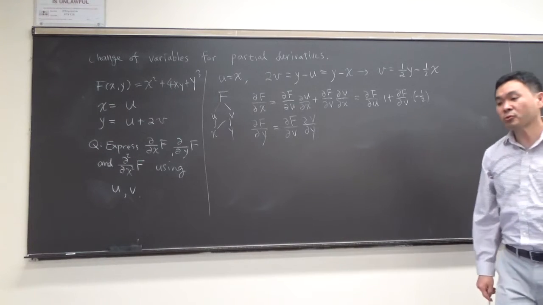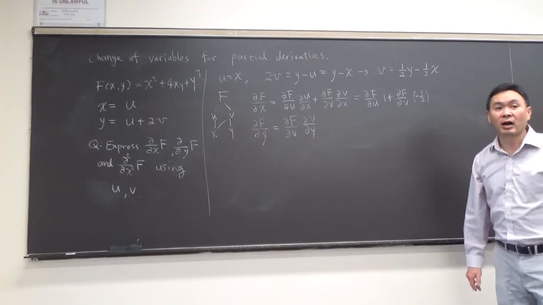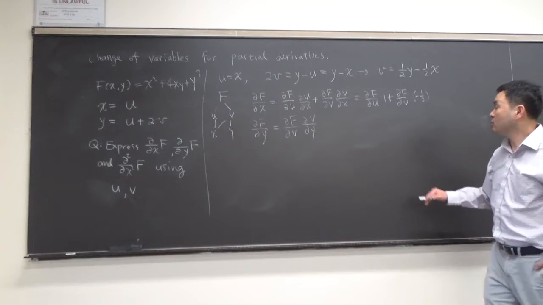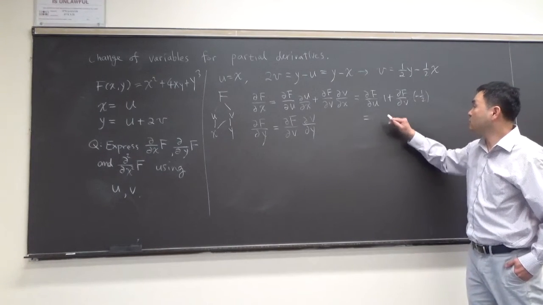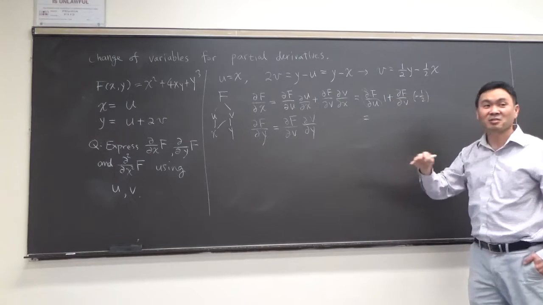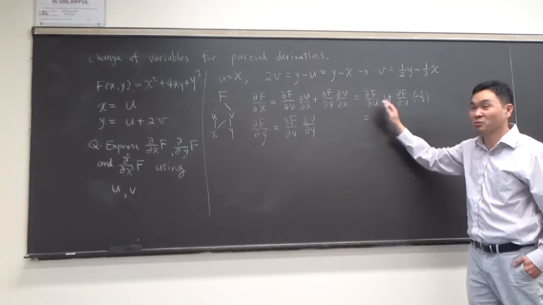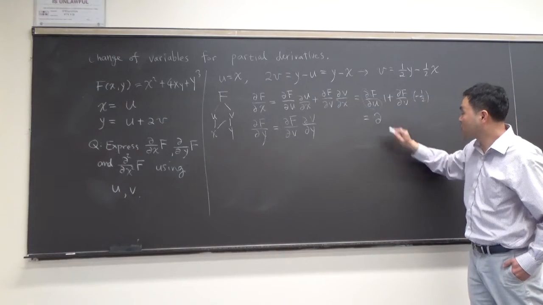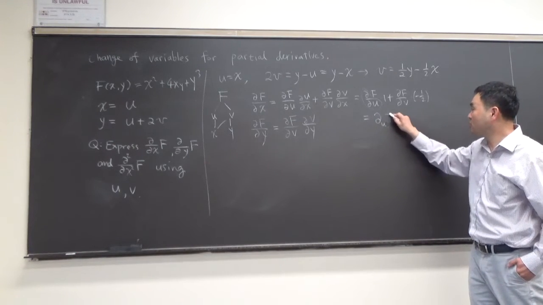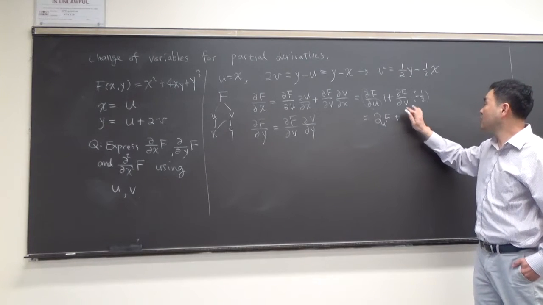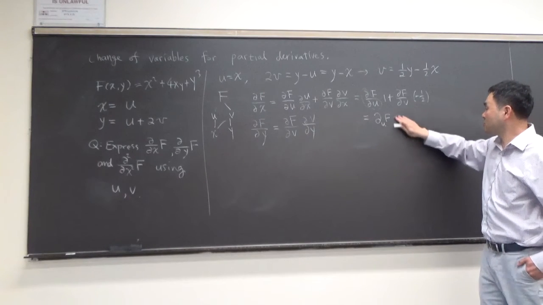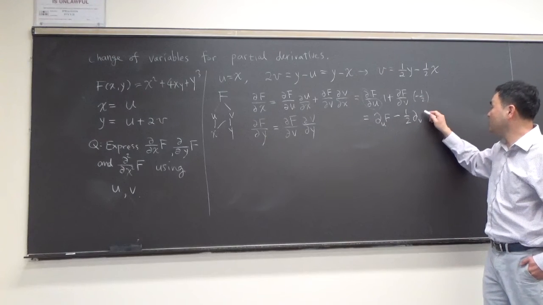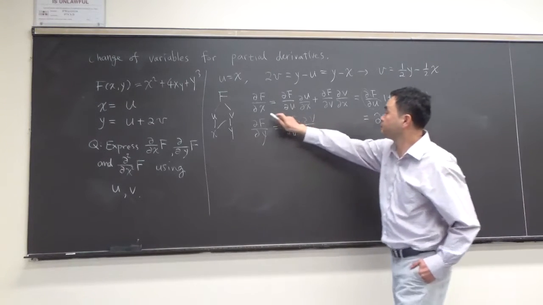Now, we are going to frequently make use of an operator notation. So let me rewrite this first, because it's cumbersome to write ∂u. I'm going to use the simplified notation, which is just one single partial with u of f, and minus 1/2 partial of v f.